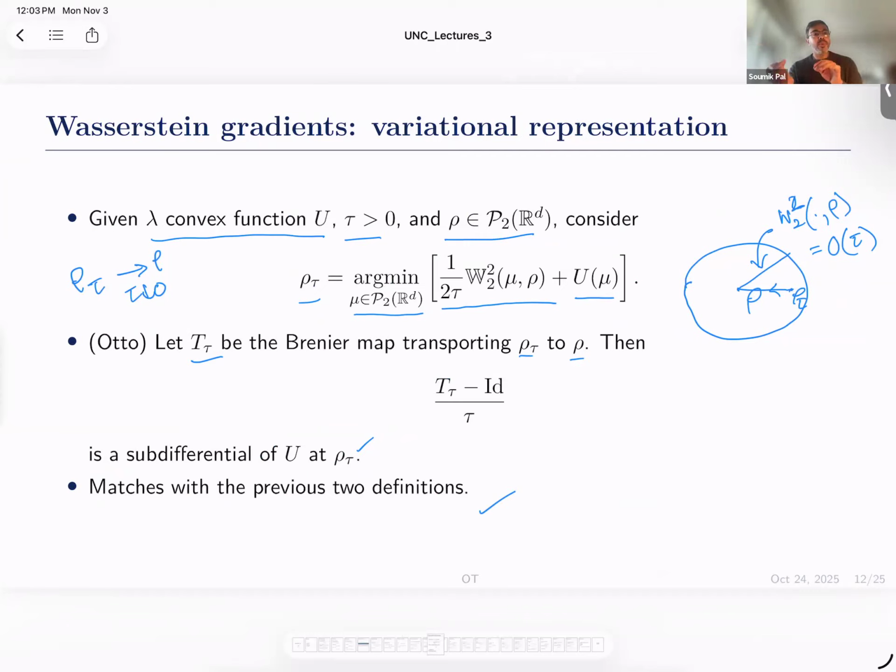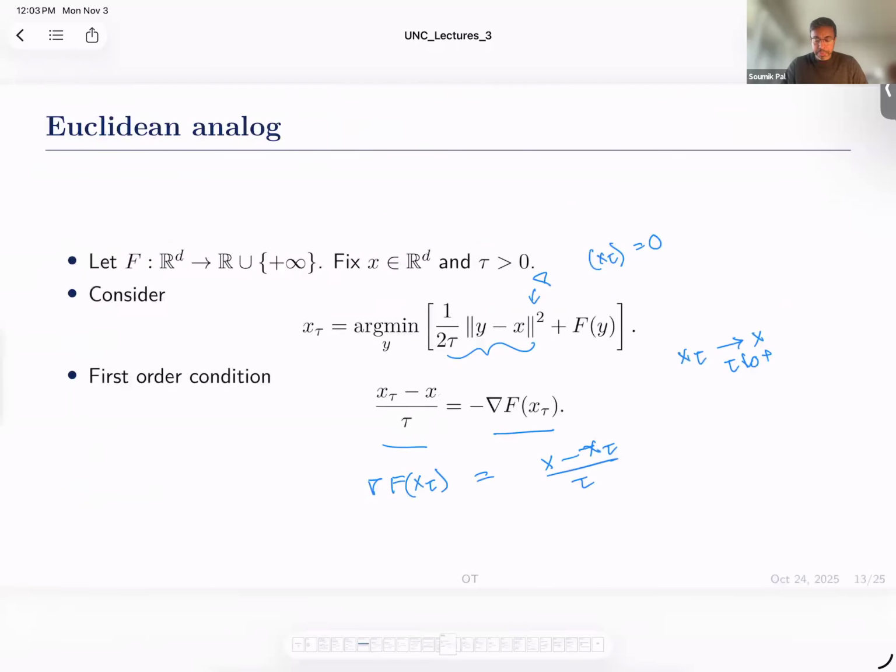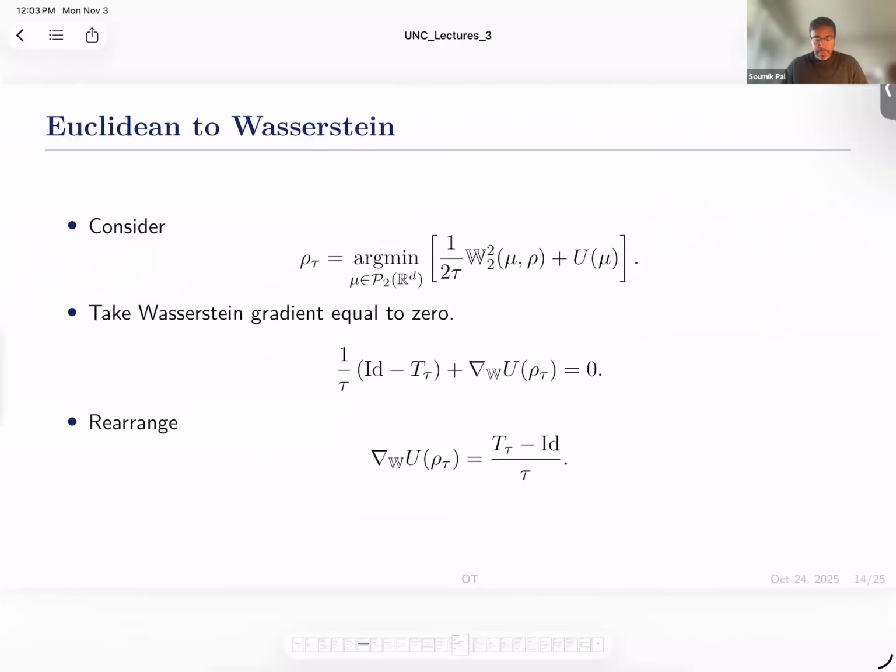That argmin, that point is actually much nicer. And there you can define things and you can define the gradient. And then you can take tau going to 0 so that you have some kind of approximation of the gradient of the function U at rho. And that's why this is useful.